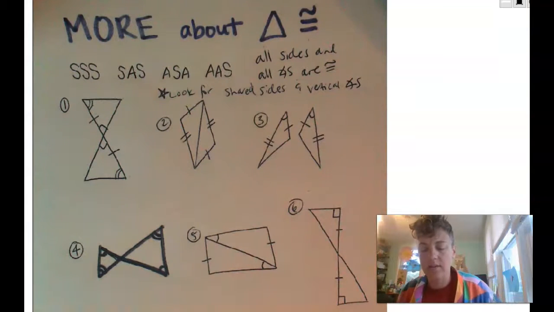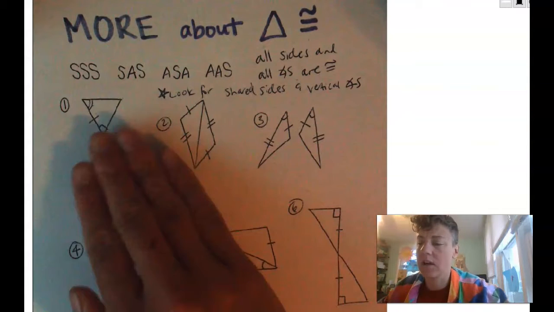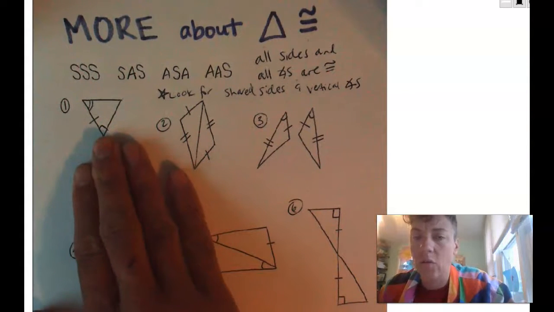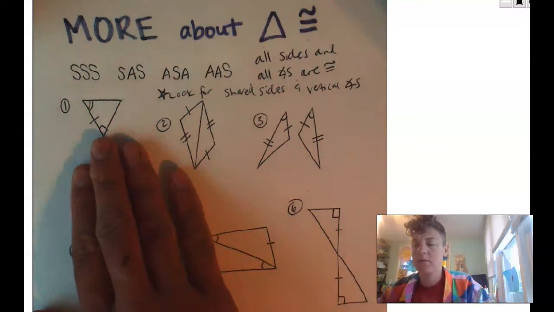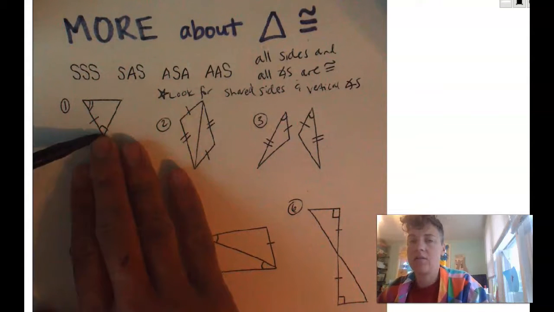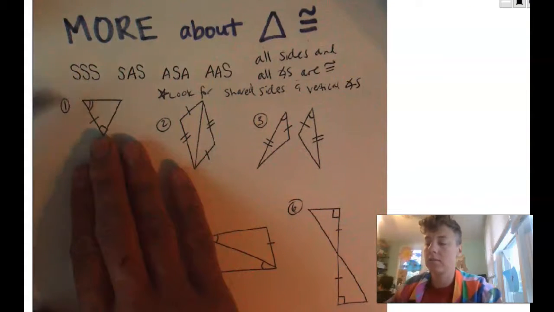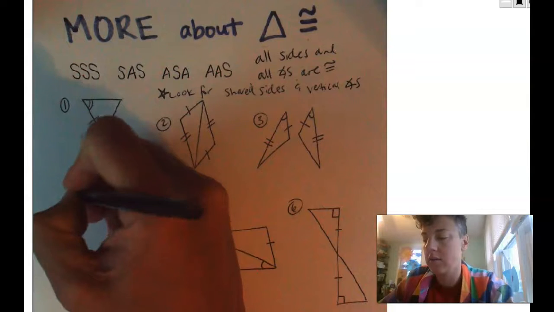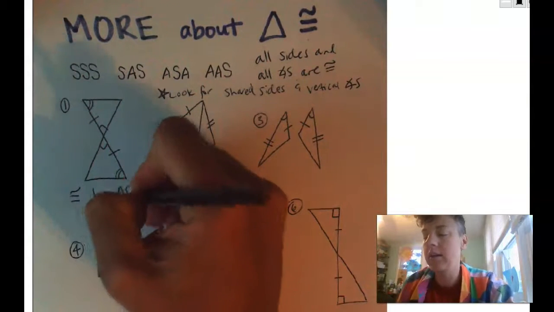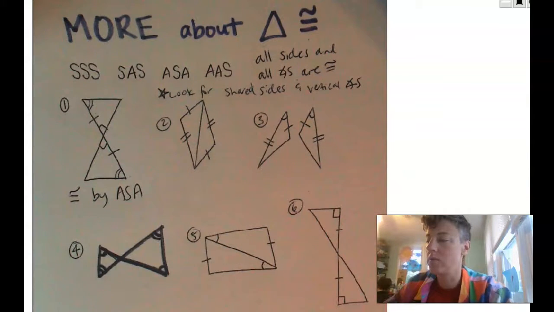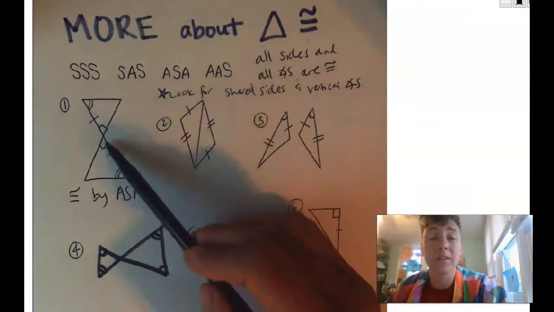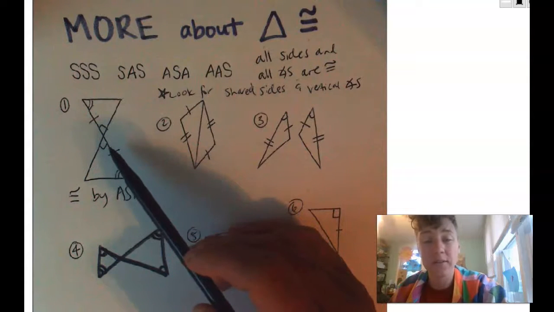Now my hint to figuring out which of these things we're going to use to show if the triangles are congruent is to cover up one triangle and then read your symbols. So we have angle, side, angle. These triangles are congruent by angle, side, angle. We used those vertical angles here that weren't marked in the diagram but are definitely congruent.